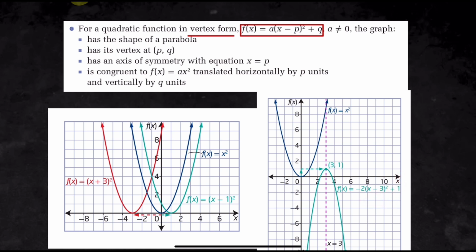And because my a is negative, my parabola should look down. Also because my a is greater than 1, my parabola will be stretched a little bit. So my parabola will be smaller. It will not be as wide as the first one, so it will go inside a little bit.